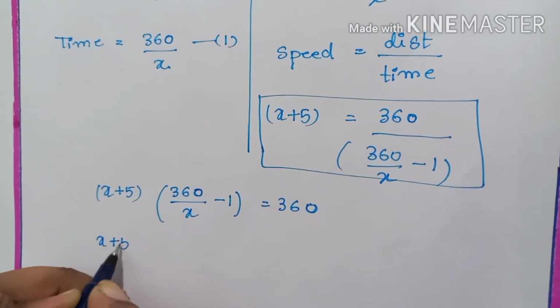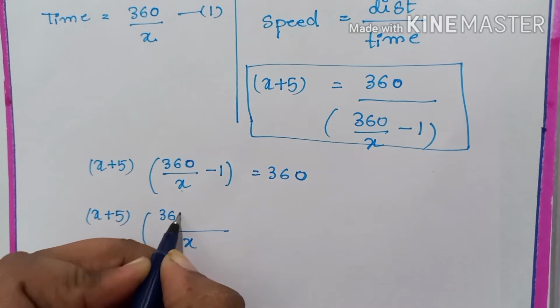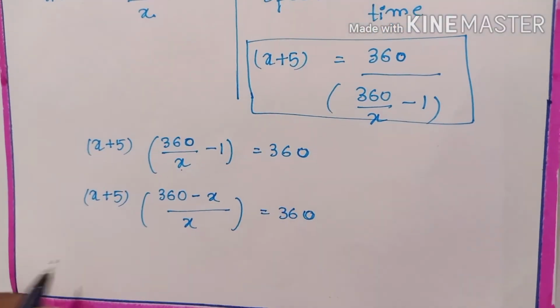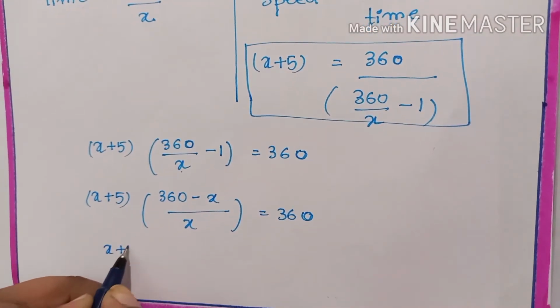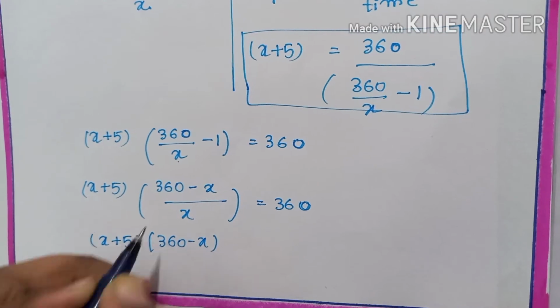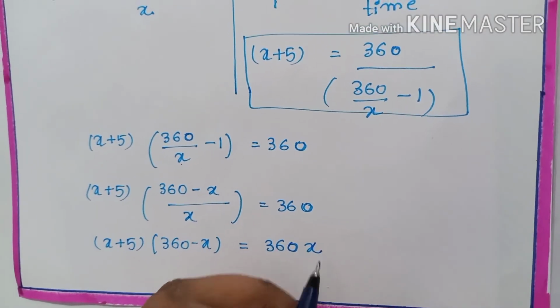x plus 5, taking the LCM for x, 360 as it is, minus x, over x is equal to 360. Now x plus 5, 360 minus x, and taking this x on the RHS side, it gives 360x.